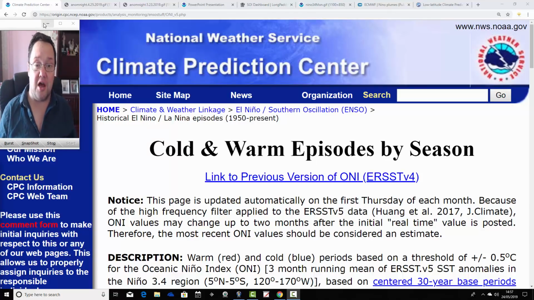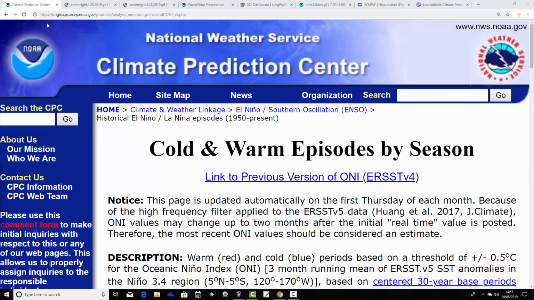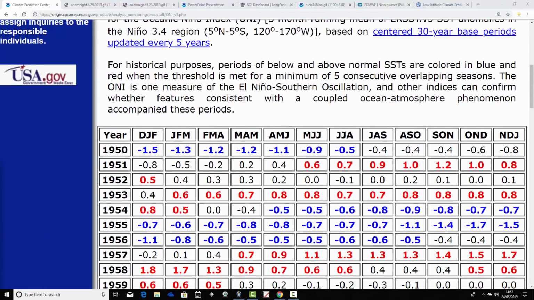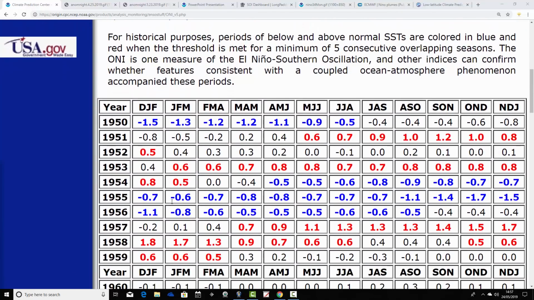So we're going to start off this month's ENSO update, as we usually do, with the cold and warm episodes by season chart from CPC and NOAA. This is depicting every ENSO event, both El Nino and La Nina, going right way back to 1950 on a tri-monthly basis.